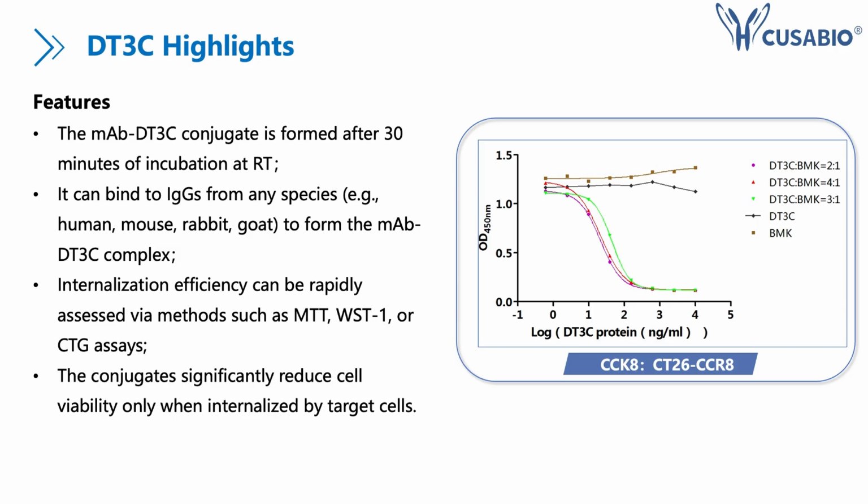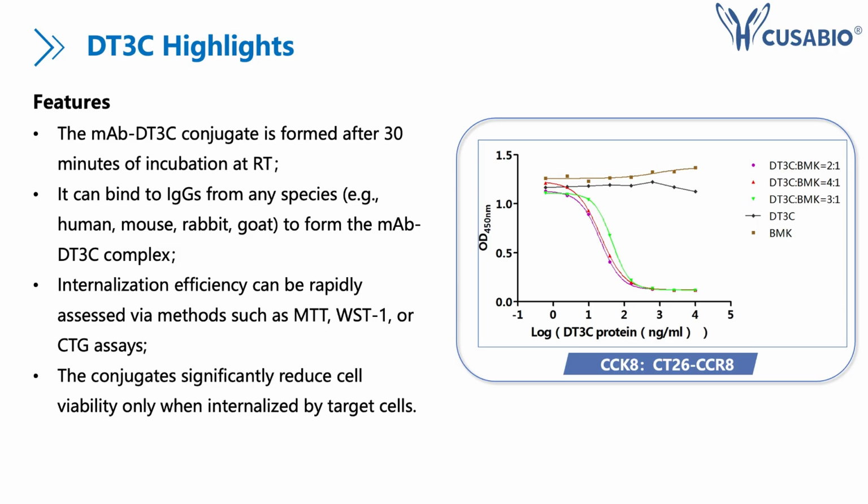Because of the 3C domain, DT3C can bind to IgG from any species, like human, mouse, rabbit, goat, to form the conjugate. And also the assay will be easy. You can use the MTT, WST1, or the CTG assay to perform the cytotoxic assay and then to get the efficiency result.